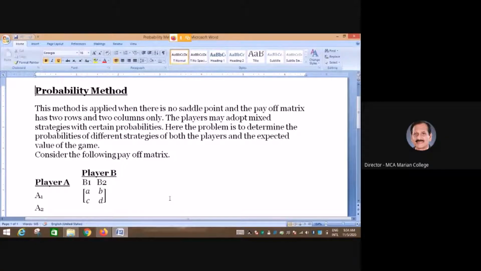Okay, that means this is not deterministic. Some probability is associated with the decisions taken by the players.